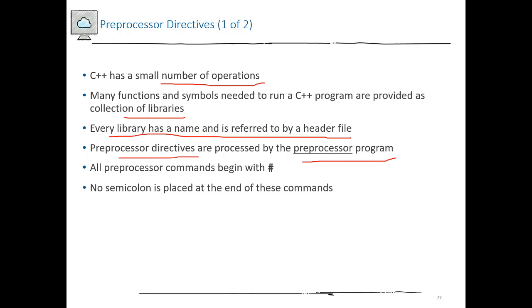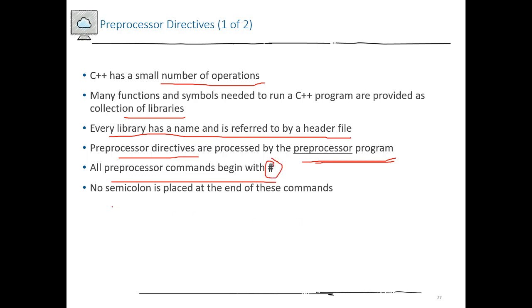Again, in the sequence of program generation and program execution, the preprocessor program allows us to prepare the program before it is converted to an executable. All preprocessor commands begin with the pound sign.